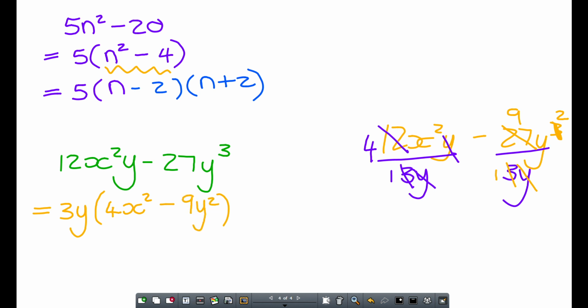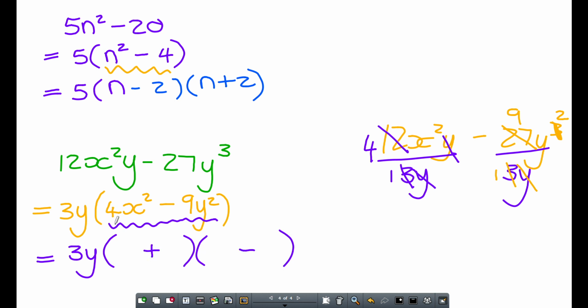Okay. Now I want you to see that this bracket, how many terms in there? 2. Is there a minus in between? Yeah. Can I now get the square root of each one of them? Yes. So then that 3y just tags along. It stays there. Now this bracket becomes 2 new brackets, one with a plus, one with a minus.